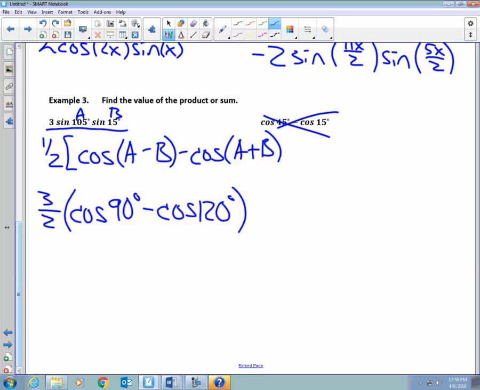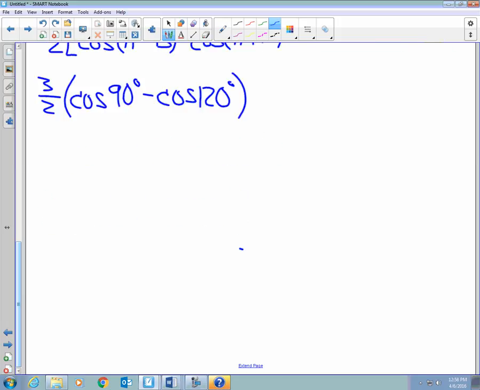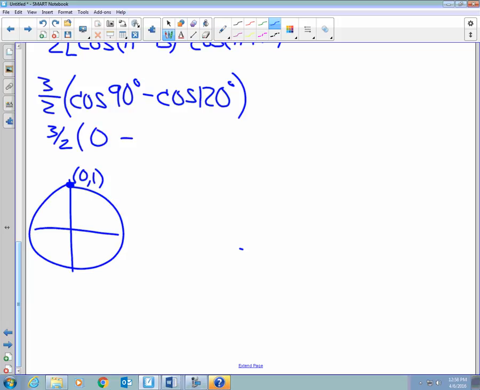So I have cosine of 90 degrees minus the cosine of 120 degrees. Well, that works out pretty nice because I know the exact value of cosine of 90. What is the terminal point on the unit circle for 90? 0, 1. Is cosine the x value or the y value? X value. So you have 3 halves times 0 minus, and now I need 120. 120 creates that terminal point, which is going to be -1/2 and root of 3 over 2.